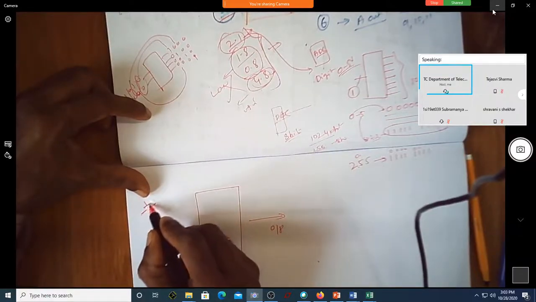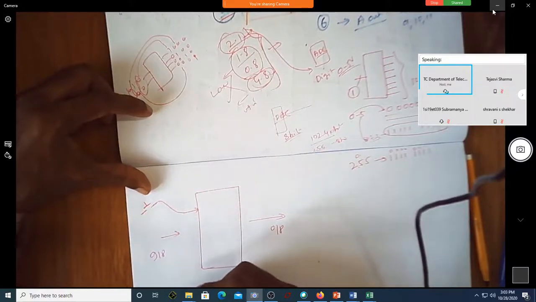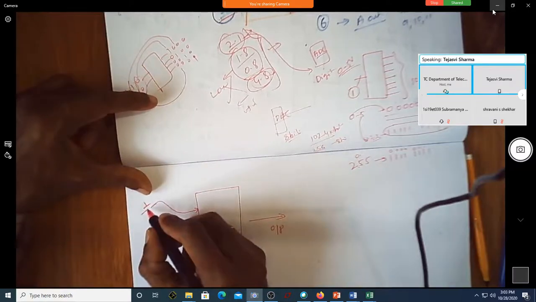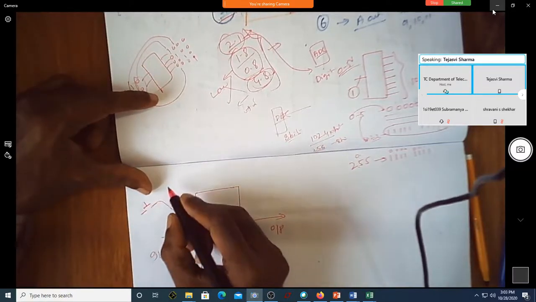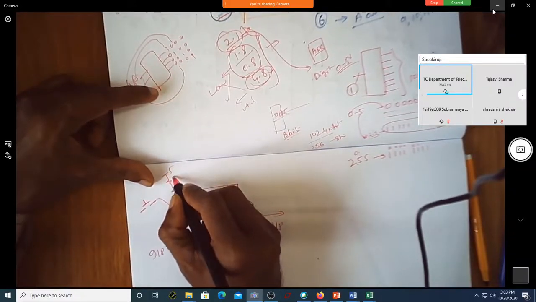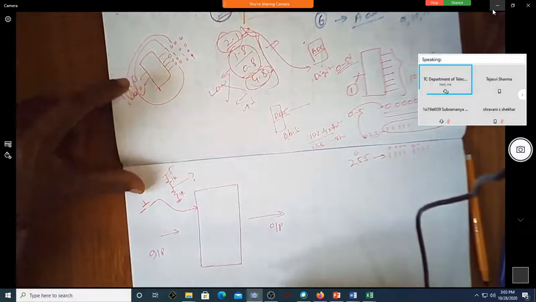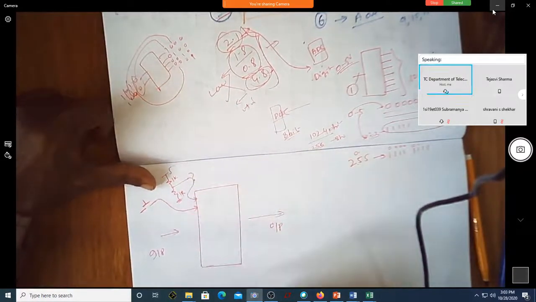You have a button here. If you push this button, you want to read what is the value of this. I want to read the value of this button. Assume that I have something like this. This is 5 volt, this is 1K, this is 1K. I want to know what is this voltage. Do I need to read here?